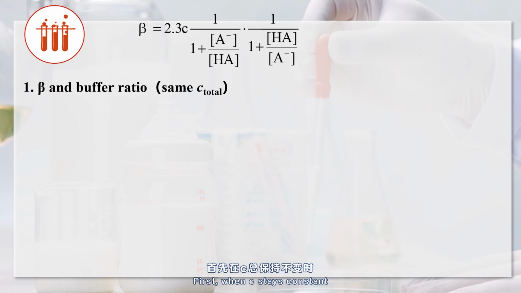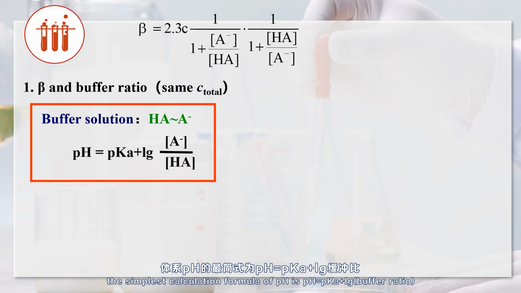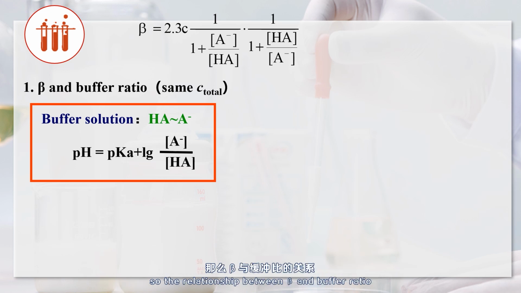First, when C stays constant, the relationship between buffer capacity and buffer ratio is discussed. For buffer solution of HA-A-, the simplest calculation formula of pH is pH equals pKa plus log buffer ratio. So the relationship between beta and buffer ratio can be deduced indirectly by the relationship between beta and pH.